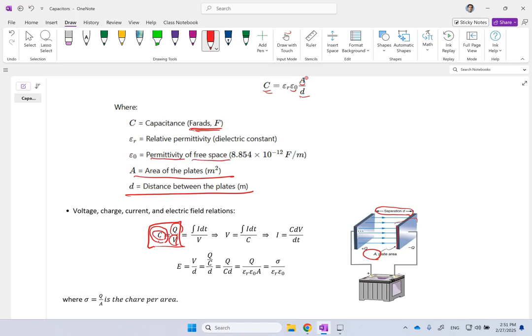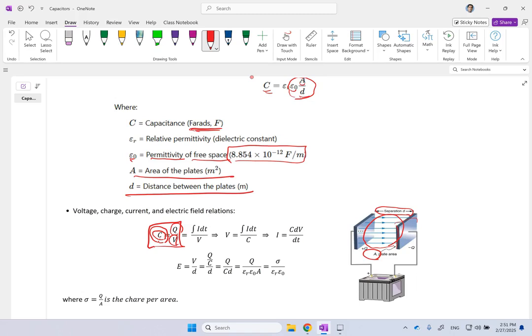This is assuming that there is nothing between these two plates. It's vacuum. If there is nothing between them, then the capacitance is epsilon naught A over D, where epsilon naught for free space is this constant number, 8.854 times 10 to the negative 12 farad per meter.